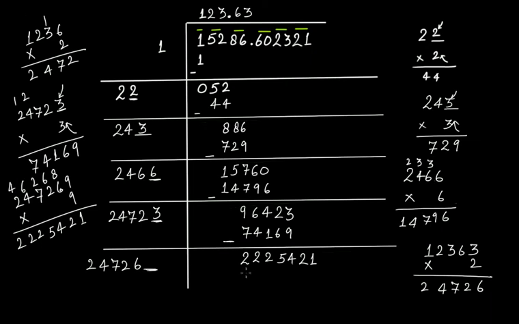So this is 2,225,421 when you multiply this with 9. So here you get the remainder as 0.